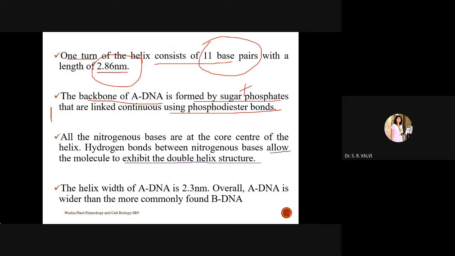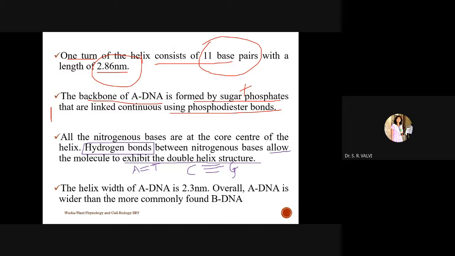As I have explained, adenine has two hydrogen bonds pairing with T, whereas cytosine has three hydrogen bonds connecting with guanine. So hydrogen bonds are present between these nitrogenous bases.